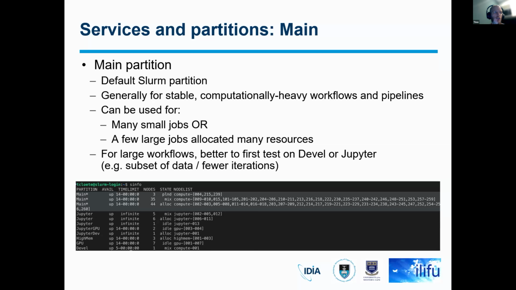Because if you're running a huge workflow on the cluster directly without testing it properly, and then the job times out or fails or something else goes wrong, that could have been prevented easily. That does mean that during that whole period, the job was using resources that could have been used a lot better. So try to test your workflows first.